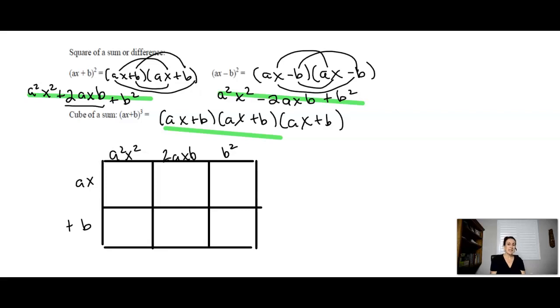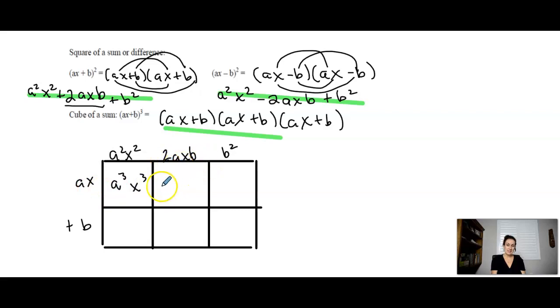Ax plus b times ax plus b gave me this top part, and then I'm multiplying again by ax plus b. Using boxes, this is all multiplication, so ax times a squared x squared is going to give me a cubed, remember, you're multiplying, x cubed.